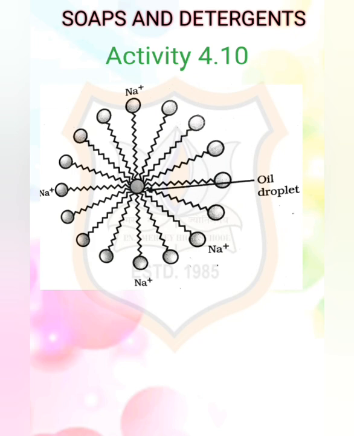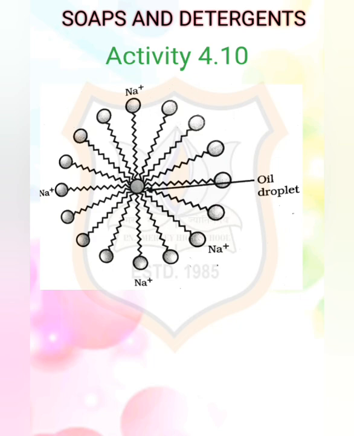The soap molecules thus form structures called micelles, where one end of the molecules is towards the oil droplets while the ionic end faces outside. This forms an emulsion in the water, and the soap micelles help in pulling out the dirt in water, and we can wash our clothes clean with the help of soaps.